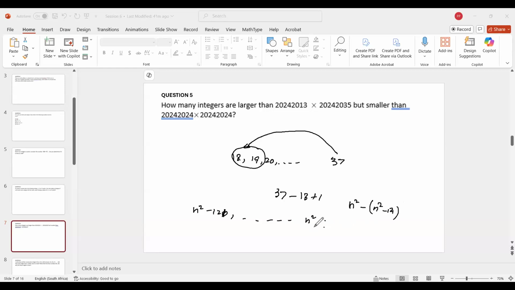Oh, but wait a minute. You're not allowed to include the 121. You're starting with n squared minus 120, and you're landing up with n squared plus 1. So we are counting how many numbers are there in that set. So one has to be a little bit careful here.